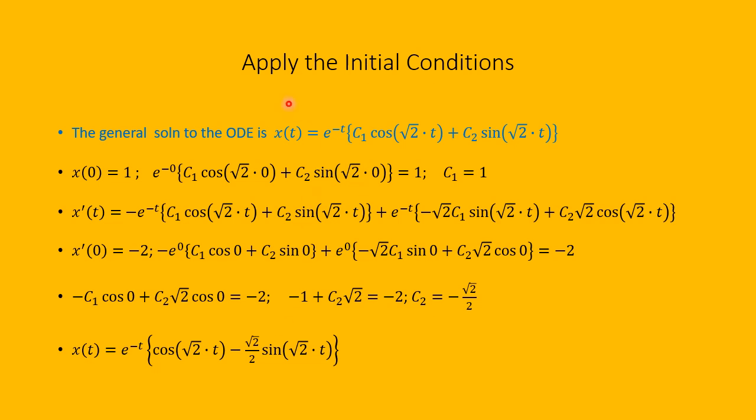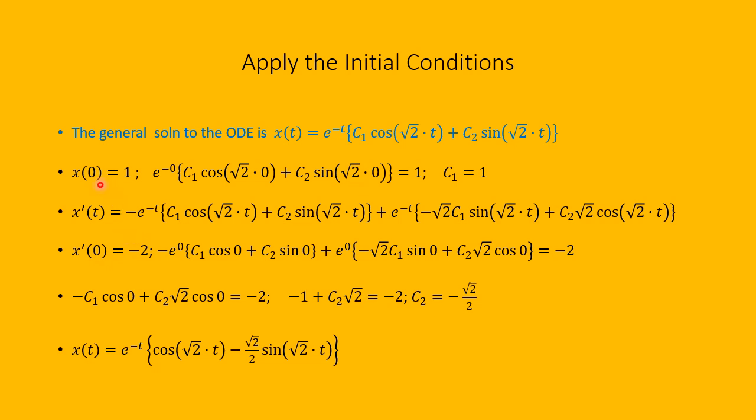So we have seen that the general solution to the differential equation is x of t equals e to the minus t times the quantity c1 cosine of the square root of 2 times t, plus c2 sine of the square root of 2 times t. But we had an initial value problem. We had two initial conditions: x of 0 is 1 and x prime of 0 is minus 2.